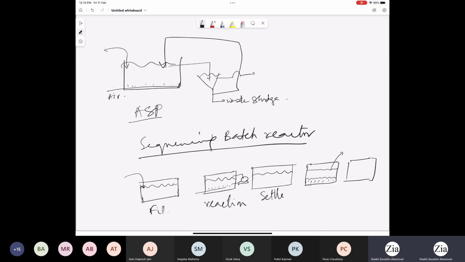Here it is called decant or removal. And then finally, you will have a system which is idle. The idle stage is actually a preparatory stage for the next batch.